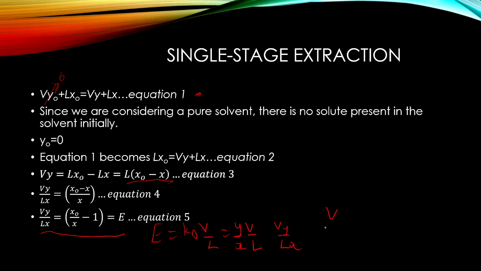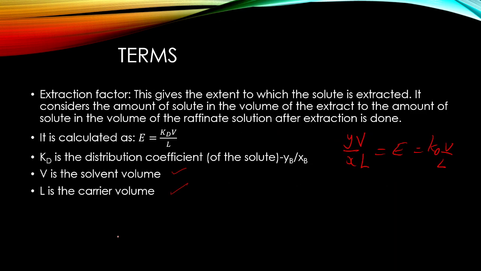You can make it V over L, then maybe yb over xb. So I know that you're dealing with the distribution coefficients for b, but it's the same thing. So V times y over L times x will give us the extraction factor as we spoke about earlier, right? So I think that was over here. Yes, as we spoke about earlier over here.